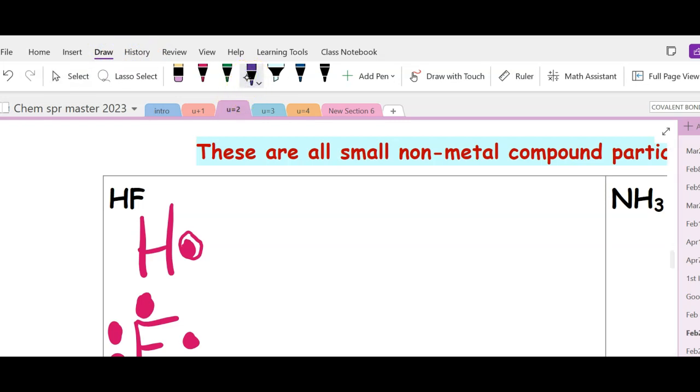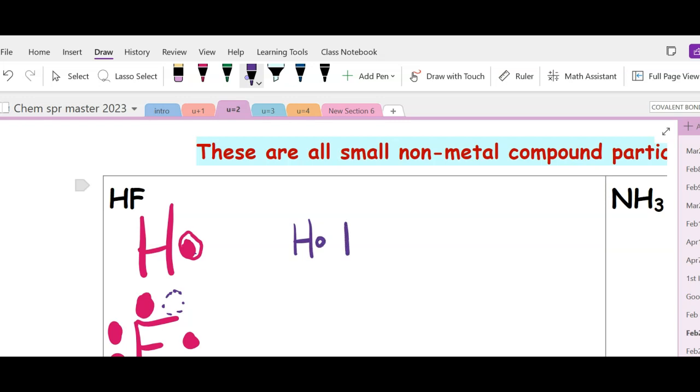All right, so we have hydrogen, which just has one of these electrons. And we have fluorine that clearly needs another, right? So let's see how that works in actuality. All right, so that is hydrogen.